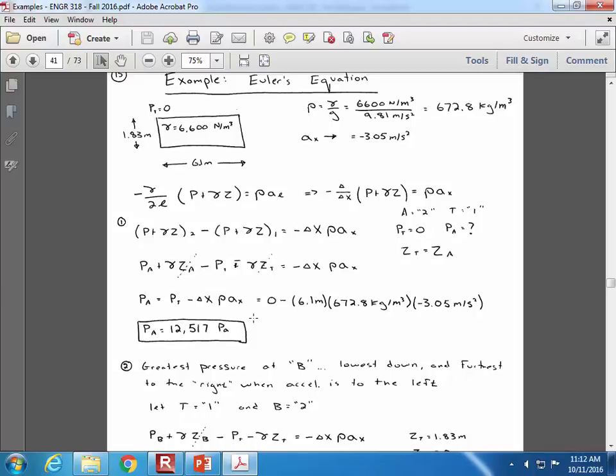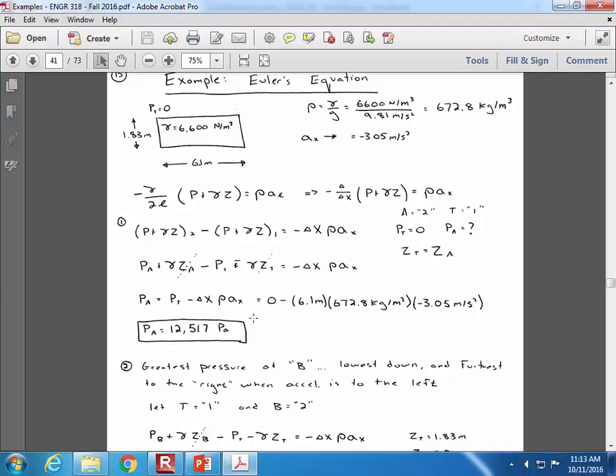So I moved the negative sign over to the right-hand side of the equation and also the delta x. So it's the piezometric pressure at 2 minus the piezometric pressure at 1 is equal to negative delta x density acceleration in x.